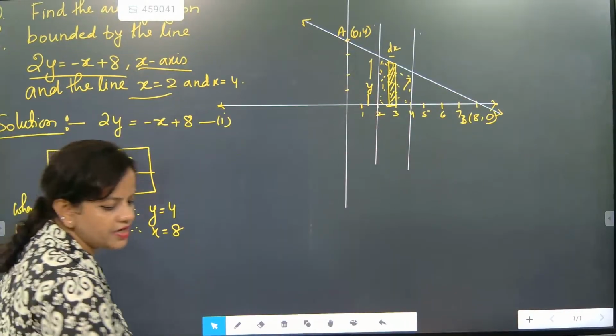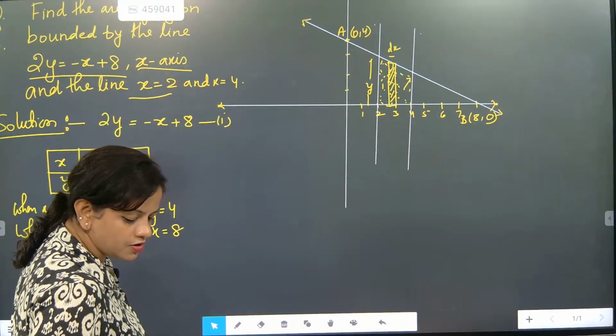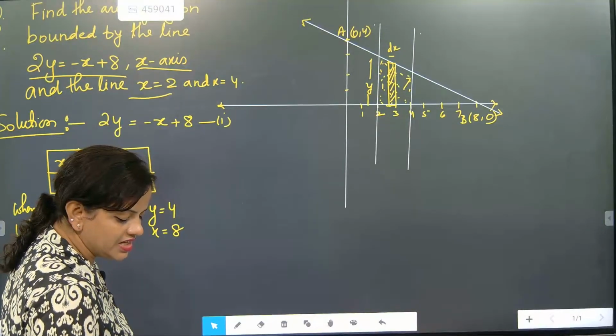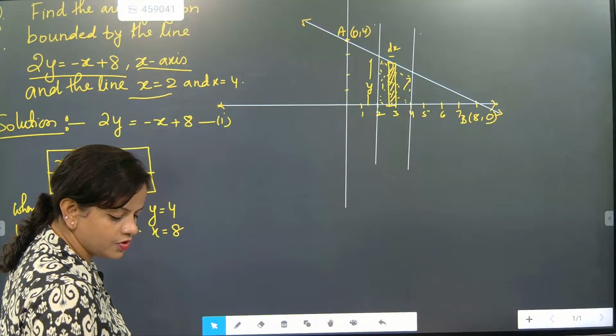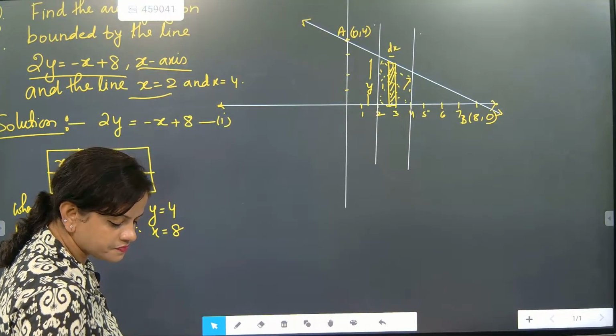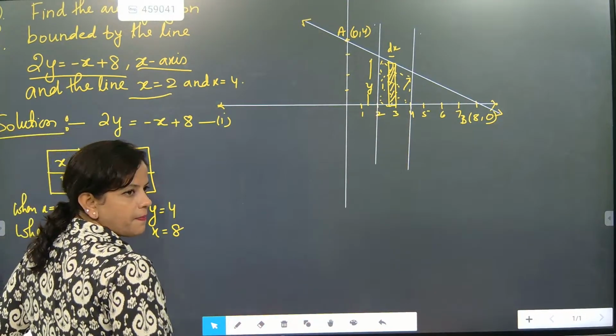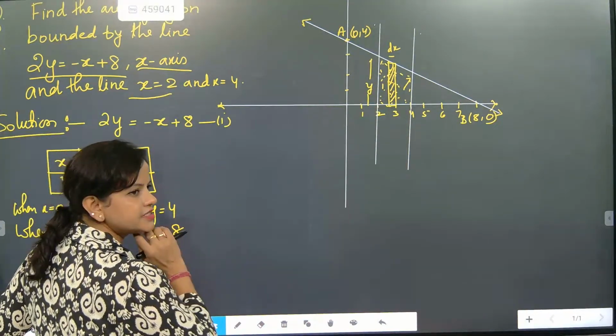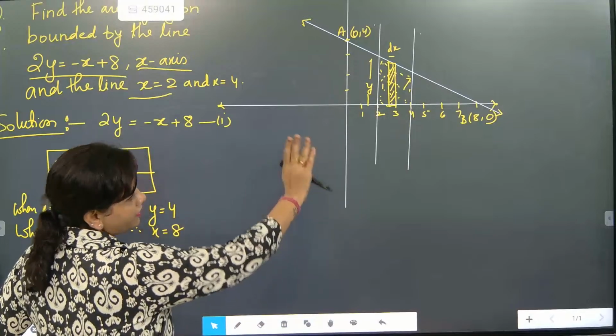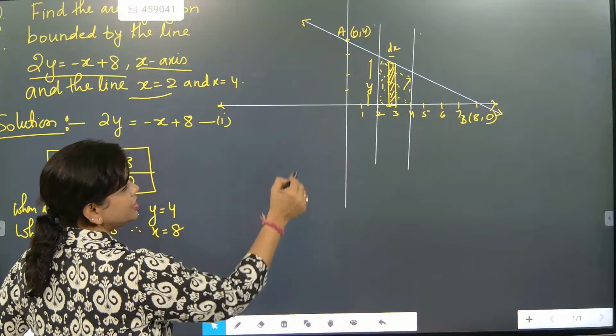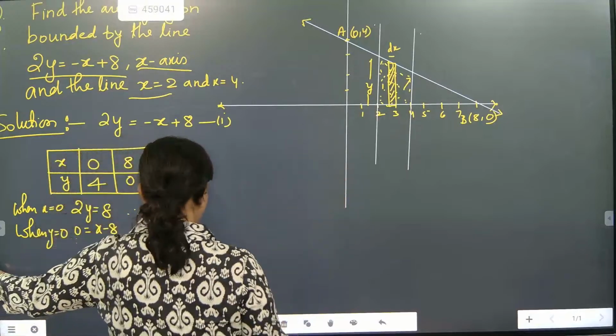So once we have done till here, now we are going to solve the question, because most of the parts are like that only, nothing big to do. This section till here is done. After that, what did I say? We slice the region into vertical strips. So we are going to name the region.